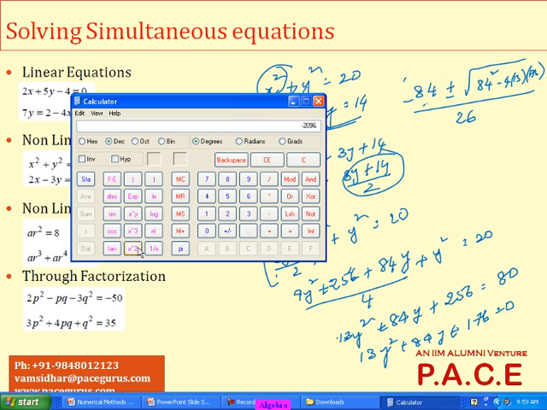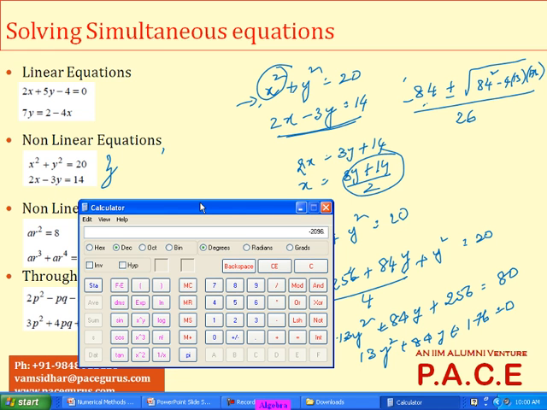So it is coming out to, inside, a negative number.